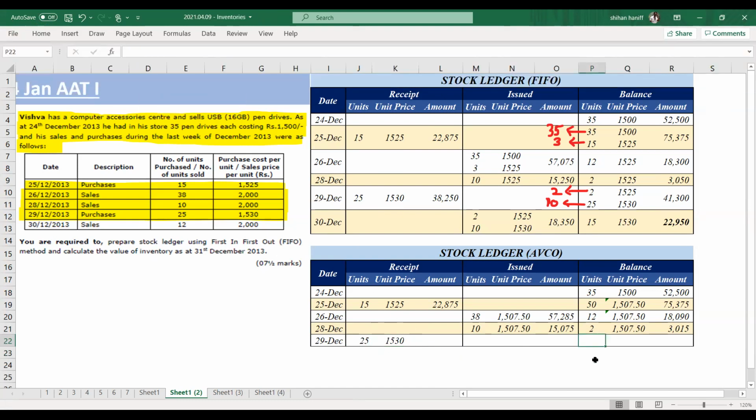So total 27 units. Let's calculate the amount: 38,250. So the total amount will be 3015 plus 38,250. Then the average price becomes 1528.33.